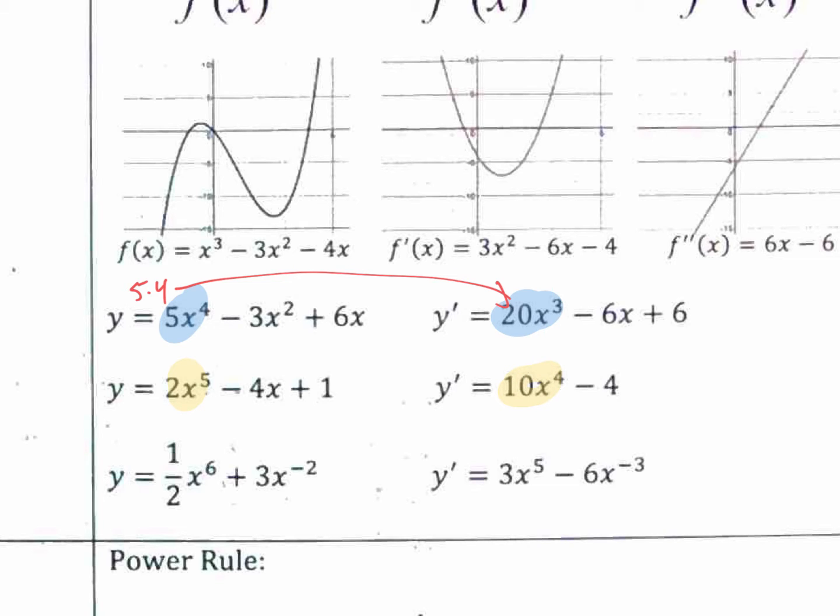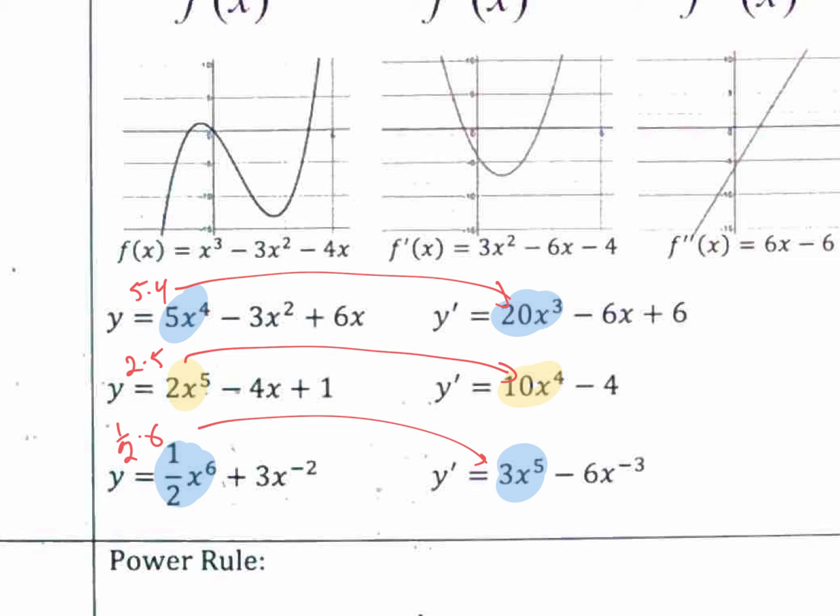Well, let's see. To turn a 2 into a 10, we'd be multiplying that by 5 to get the 10. For that last equation, we've got this 1/2 x to the 6th turning into a 3x to the 5th. Well, 1/2 times 6 would give me that 3.